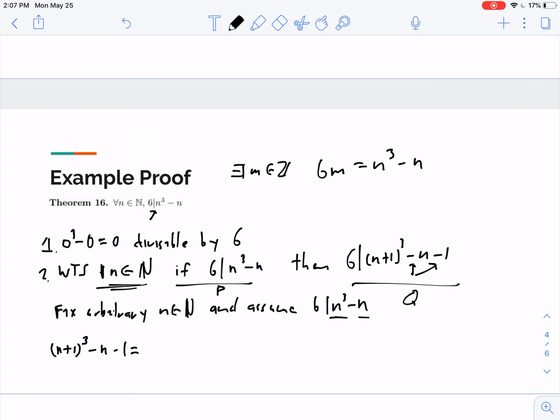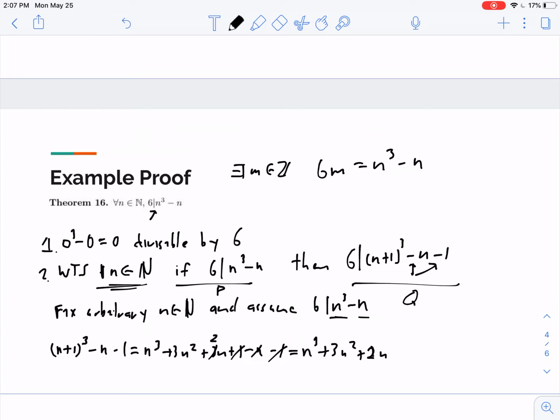And if we expand that out, we get n cubed plus 3n squared plus 3n plus 1 minus n minus 1, right? So the 1's cancel, this n cancels with that, and that becomes a 2. And so to write it out again, we have n cubed plus 3n squared plus 2n.